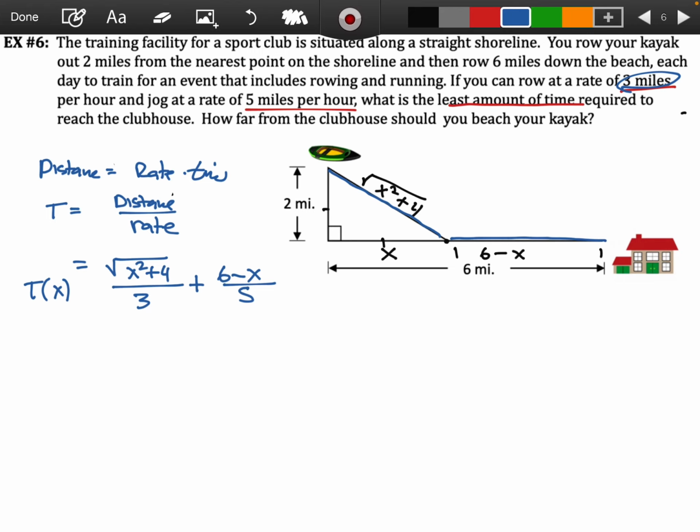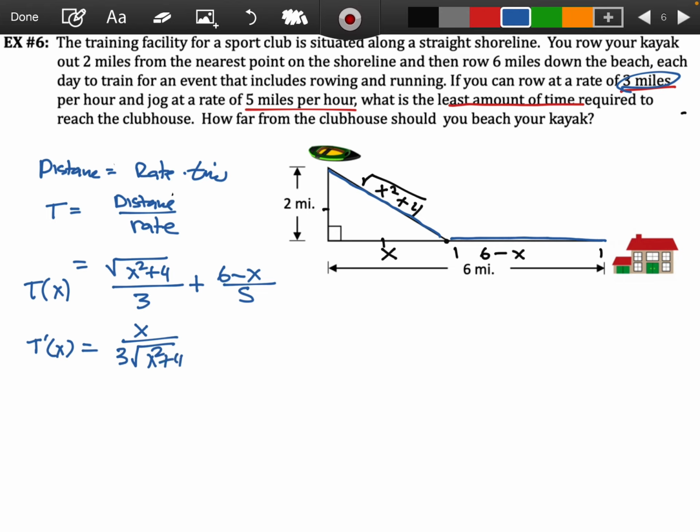So the first thing you want to do is take the derivative of that function. When you take the derivative, you have to do the square root of X squared plus 4 times the chain rule for X. And if I simplify that out for you, you're going to end up getting X over 3 square root of X squared plus 4.